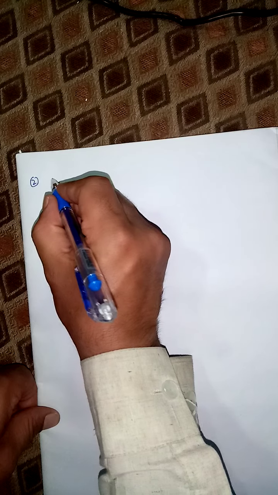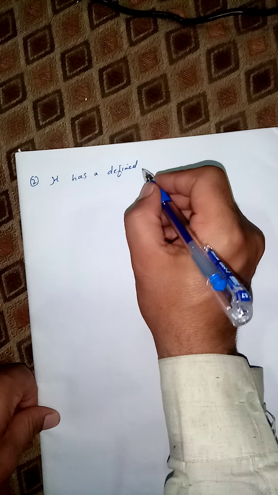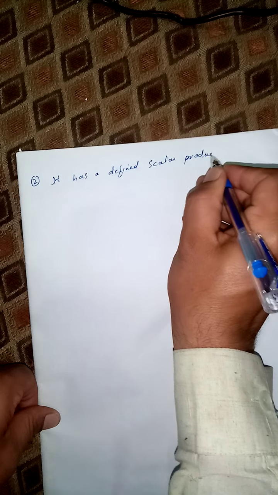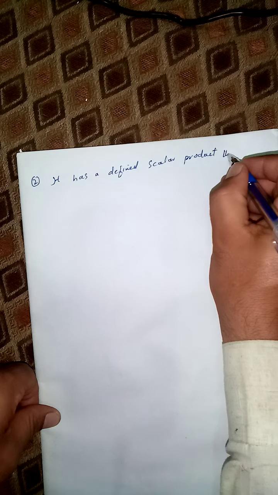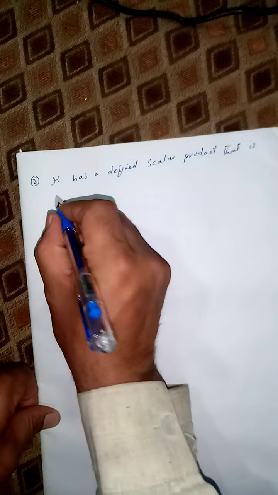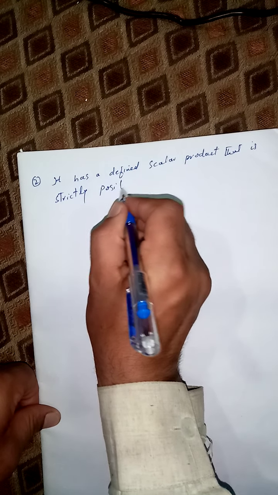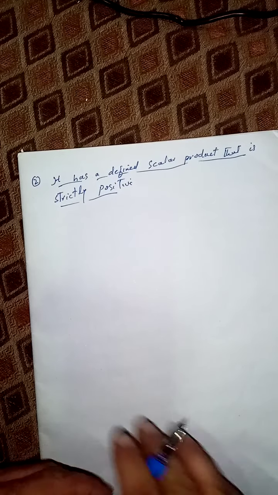It tells us that the Hilbert space has a defined scalar product that is strictly positive. This is another property of Hilbert space. What it means, we will explain in a detailed way here.